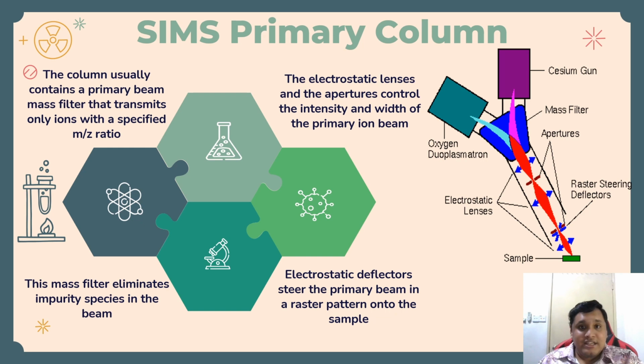Primary ions are extracted from the sources and passed through the primary ion column to the sample. The column usually contains a primary beam mass filter that transmits only ions with a specified mass to charge ratio. Besides that, the electrostatic lenses and the apertures control the intensity and the width of the primary ion beam, while the electrostatic deflectors steer the primary beam in a raster pattern onto the sample.